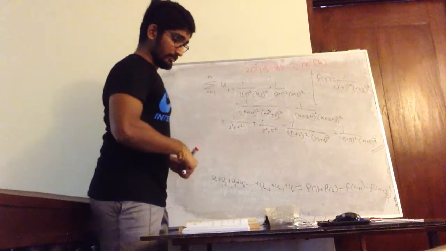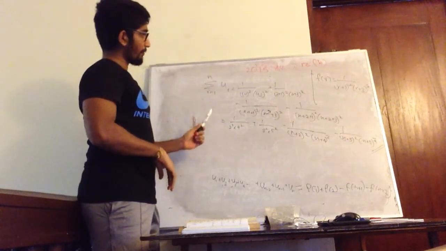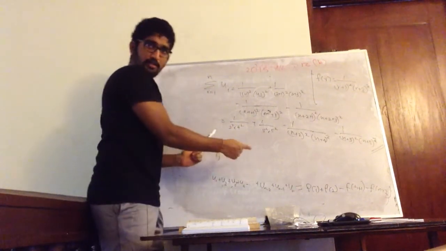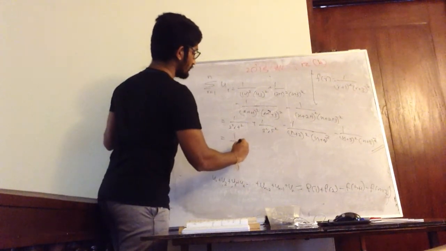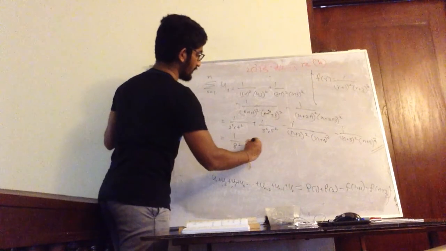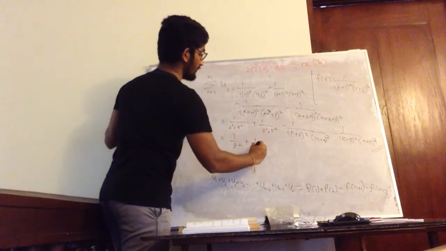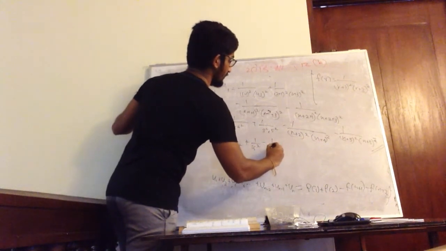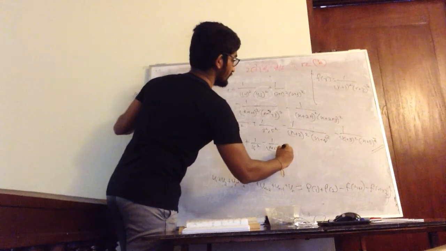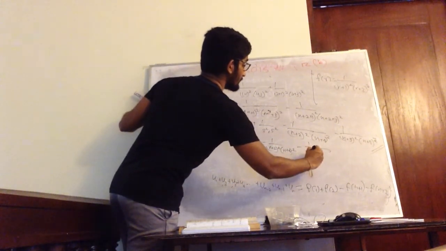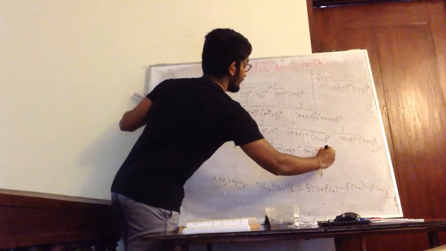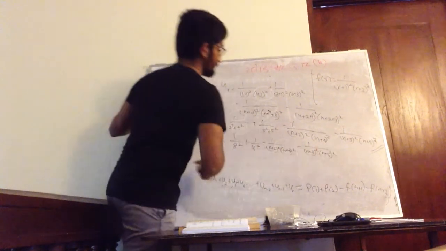So this is the answer for this. We can actually simplify this further. So 2 times 4 is 8, so 8 squared, plus 3 times 5 is 15, 15 squared, minus (n plus 2) squared, (n plus 4) squared, minus (n plus 3) squared, (n plus 5) squared.